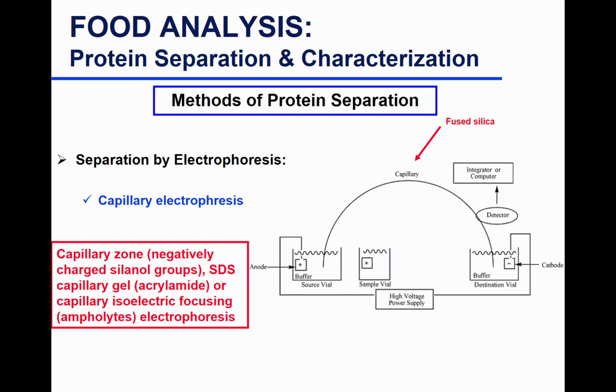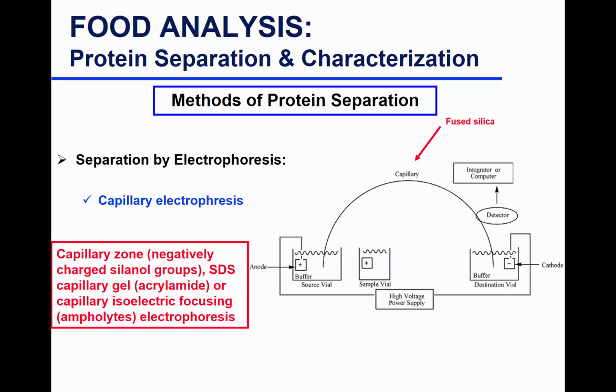So silanol groups are negatively charged, so any positive ions from the buffer will bind to the negatively charged, and once a current is generated, the positive charges will go towards the cathode, and they pull with them different protein molecules and separate them based on their charge. So first the positively charged, then the negatively charged, then the neutral proteins. That's the order. Positive, negative, neutral.